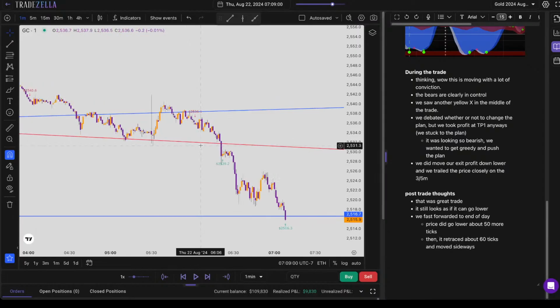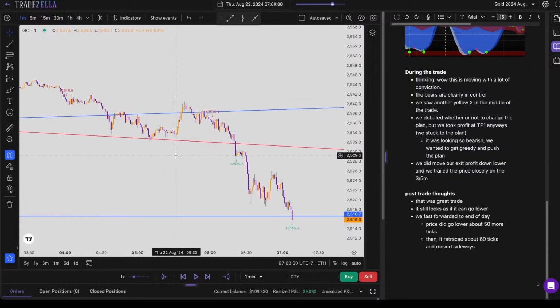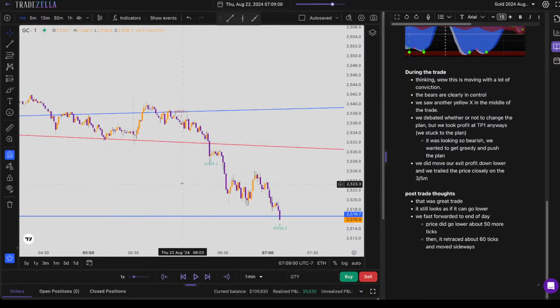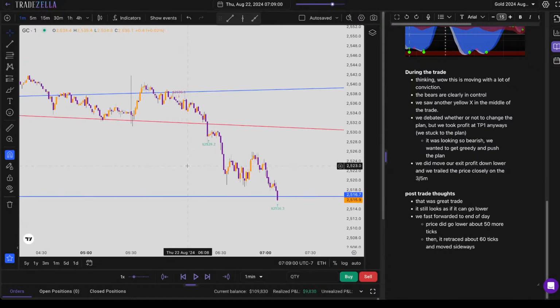But that's all right, because they're also probably managing their risk a lot more frequently. I don't like missing these moves, so I'll risk a little bit more.